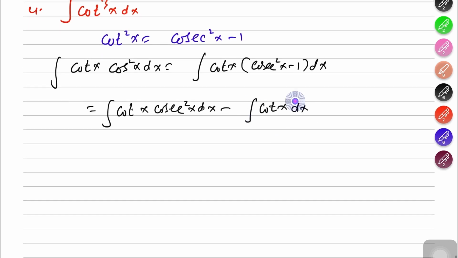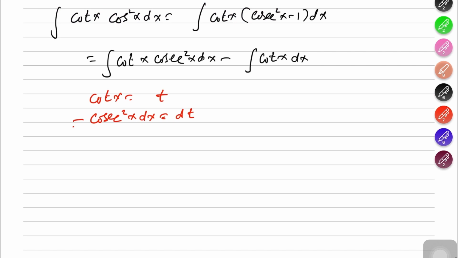Now again this can be easily integrated, because we know the direct formula, which we have done in the previous videos. Here we assume cot x is equal to t. So differentiation gives minus cosec square x dx is equal to dt. So this part will be cot x is t and cosec square x dx is minus dt, and this minus integral of cot x dx.